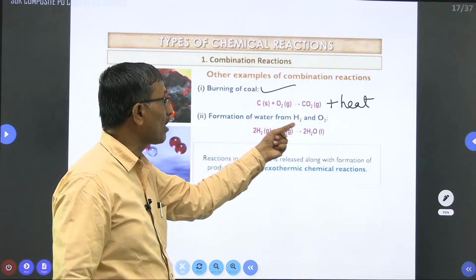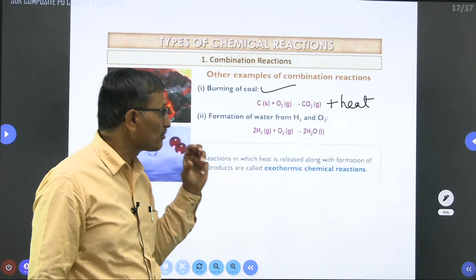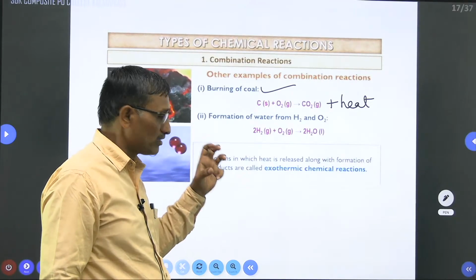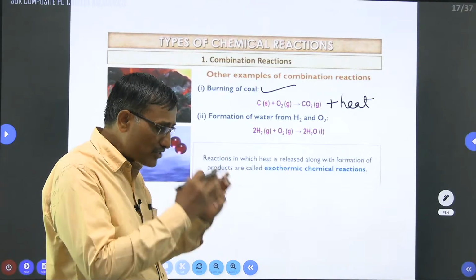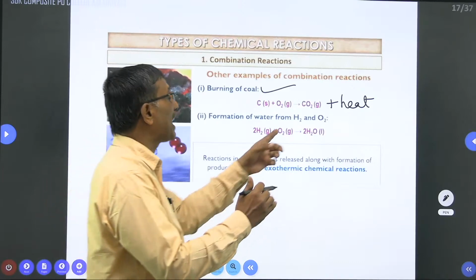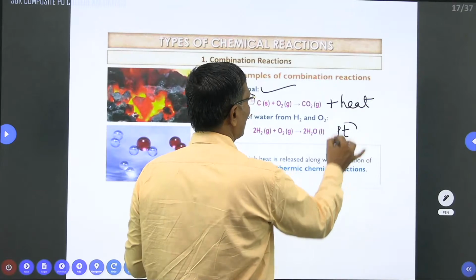Formation of water from H2 and O2. I think so. In this reaction, some initiation is required, because the reaction takes place very vigorously in the presence of a catalyst like what? A platinum metal catalyst.